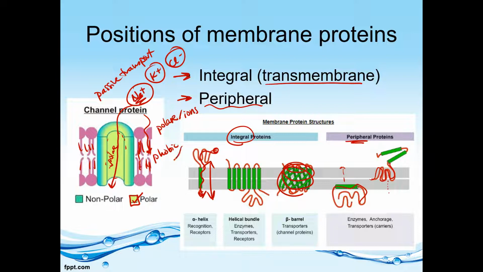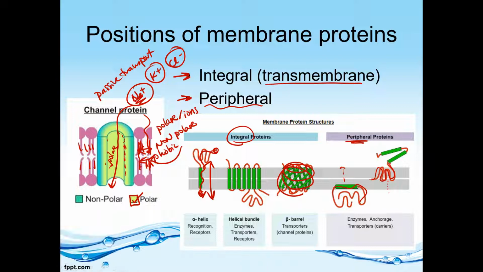But remember that our phospholipid bilayers are hydrophobic. They are very non-polar. And so we can't have polar amino acids for this protein hanging out next to our non-polar hydrophobic fatty acid tails in the middle of our phospholipid bilayer. And so what happens is this amazing thing.